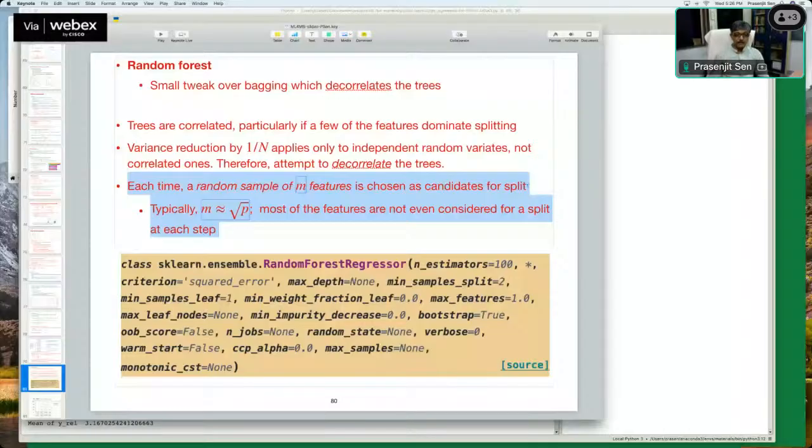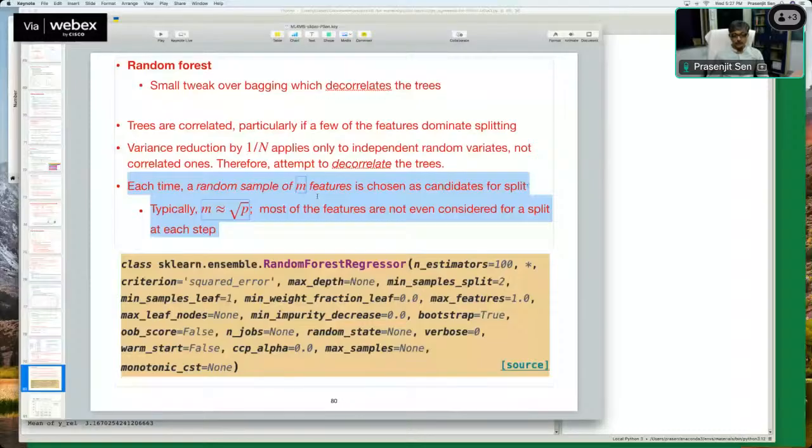Now, what you do in random forest is that you only consider a random sample of m features as candidates along which you want to split. So you don't even consider all the p features. You only consider m features, m typically smaller than p, and a typical value chosen could be square root of p, which is much smaller than p.